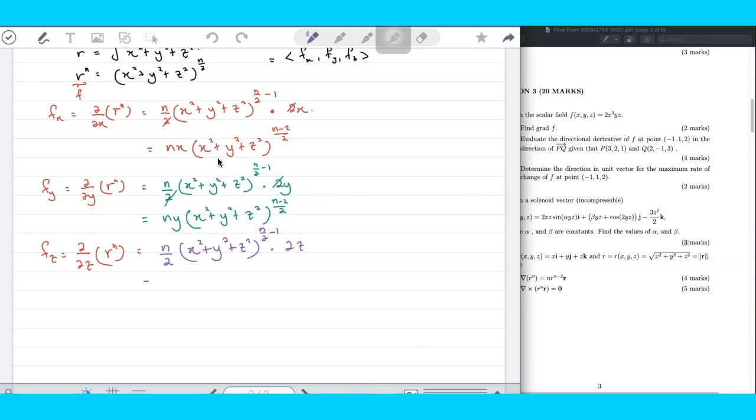When you simplify, you get n z times x squared plus y squared plus z squared to the power of n minus 2 over 2. So that is the vector that you will get.